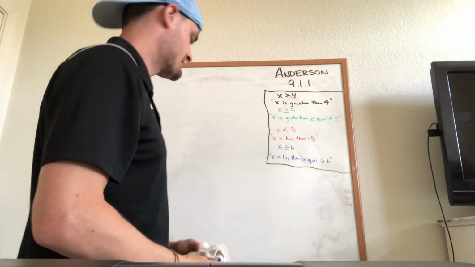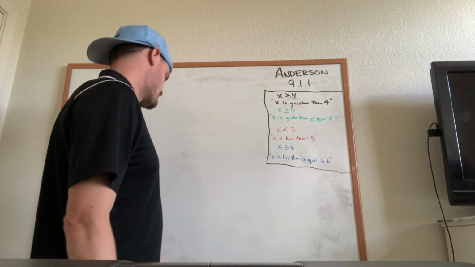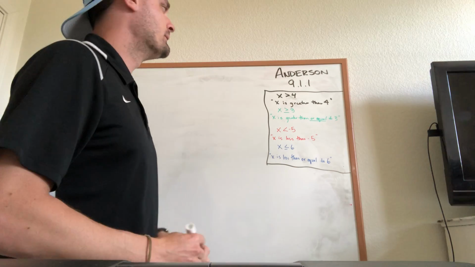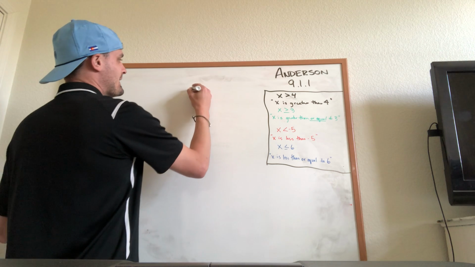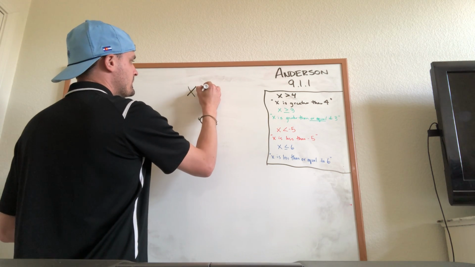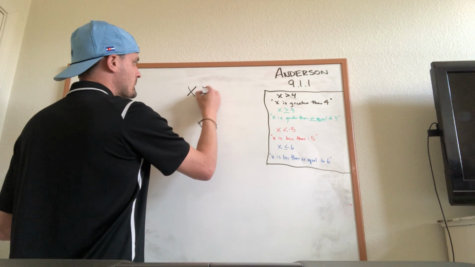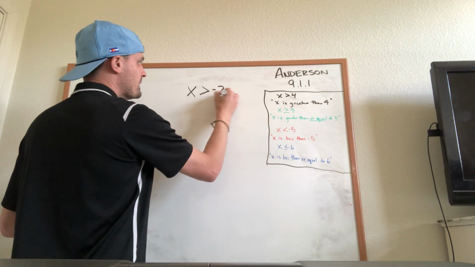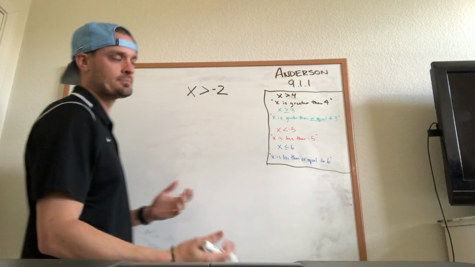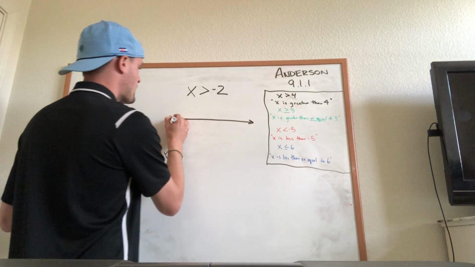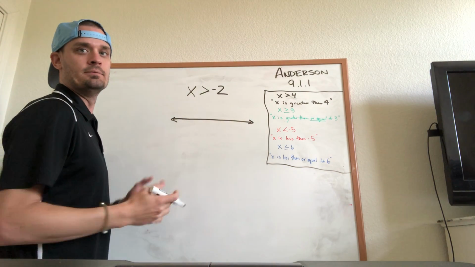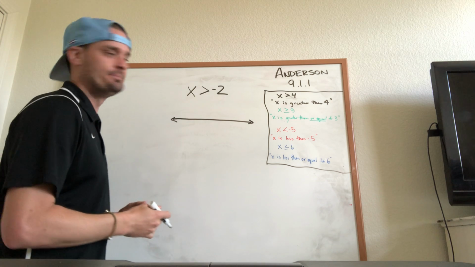Okay, so the first lesson isn't too difficult. It talks about being able to graph it on a number line. There's one big thing we've got to think about. Let's say we have x is greater than -2. If we want to graph this on a number line, you have a line, doesn't really matter.